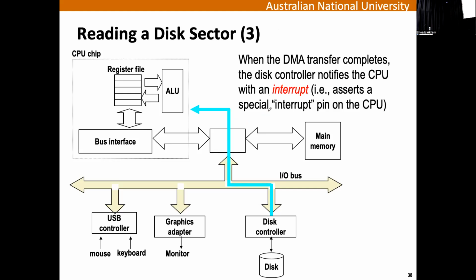How does the operating system know? When the interrupt arrives, there's a table that the kernel maintains, and it checks which process is waiting for it. And there is other information with the interrupt that the disk controller sends. There's an entire protocol.